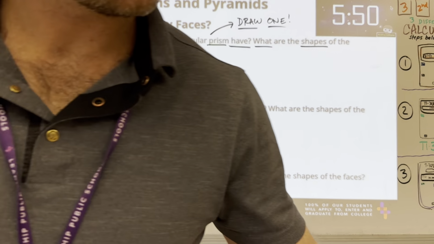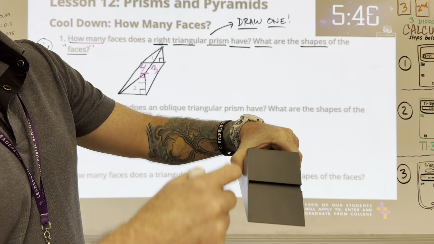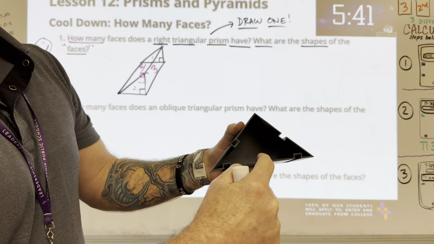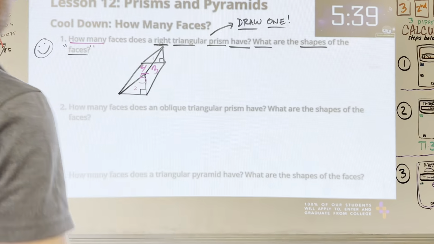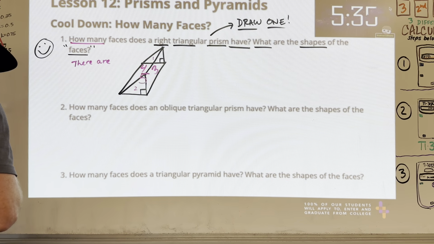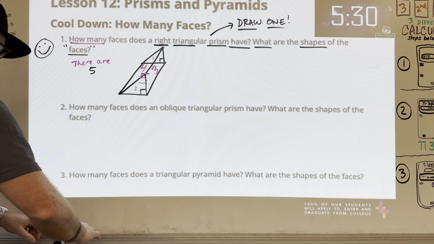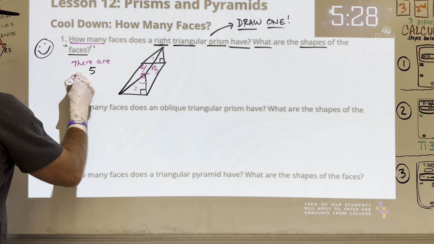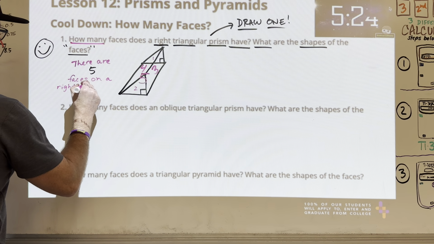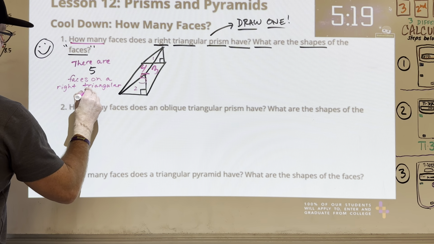So 1, 2, 3, 4, 5. So how many? There are 5 faces on a right triangular prism.